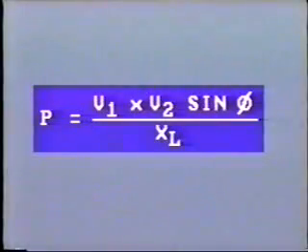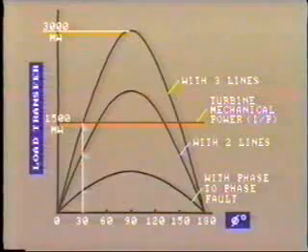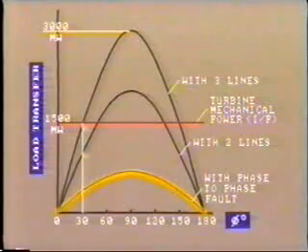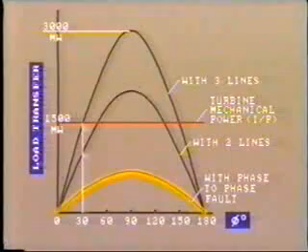Now remember the power angle equation, V1 times V2 times the sine of the power angle divided by reactance, XL. If the level of voltage falls, then the capability for load transfer is also reduced for each specific angle. So we can draw yet a third load transfer curve for the phase-to-phase fault condition.